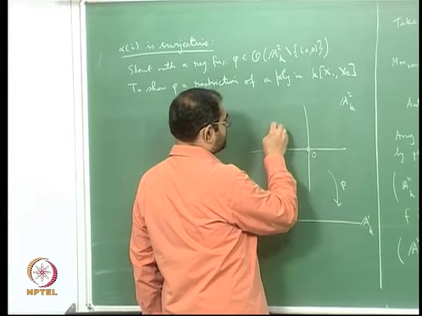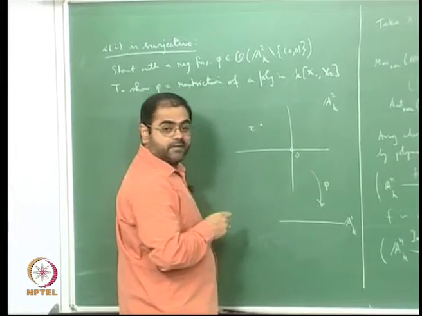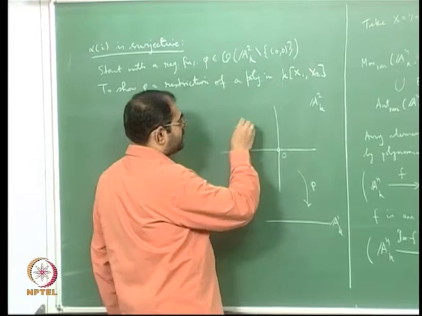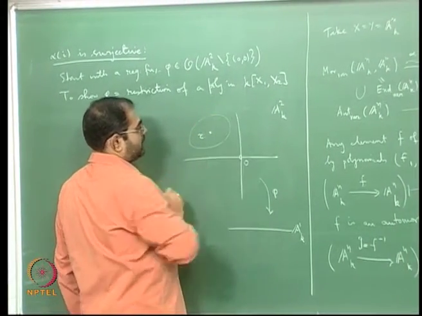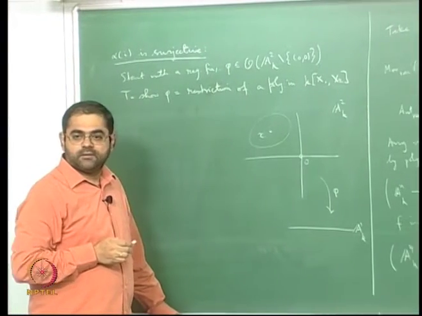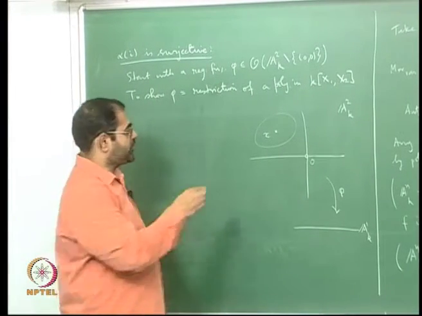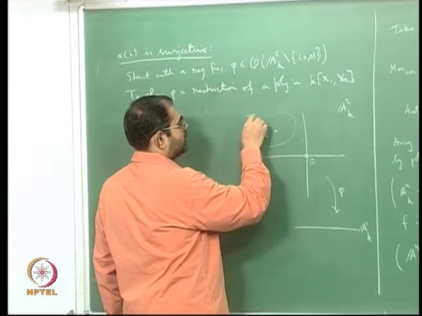Give me any point x in A2, okay, then I can find an affine neighborhood. I can find a neighborhood of x, Ux, okay.